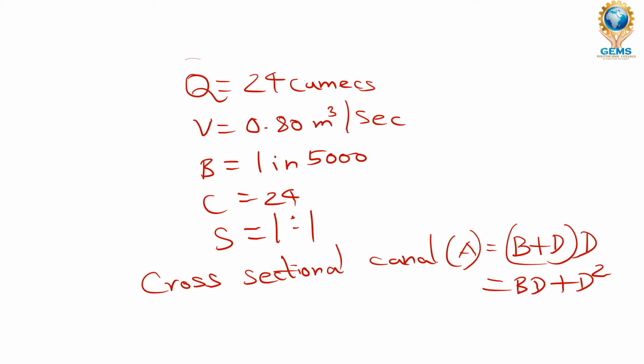Then we know the bed width, and we are going to substitute the values here. First, our bed slope, which is 1 in 5000, which you can convert to 1 by 5000, which is 0.0002. Then you are going to substitute the values here. I'm going to substitute in the next slide and show how the formula looks.